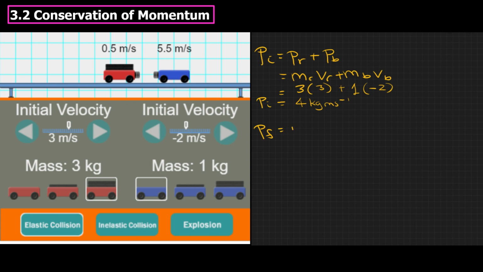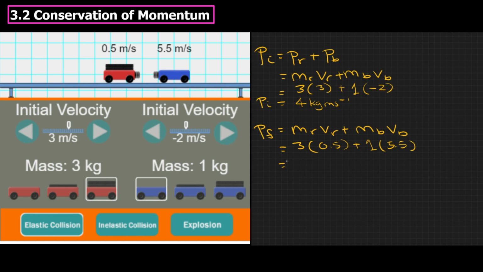Again, we have m_r v_r plus m_b v_b. Our red car is still 3 kilograms, but it's moving at 0.5 meters per second, whereas our blue car is still 1 kilogram, but it is moving at 5.5 meters per second.